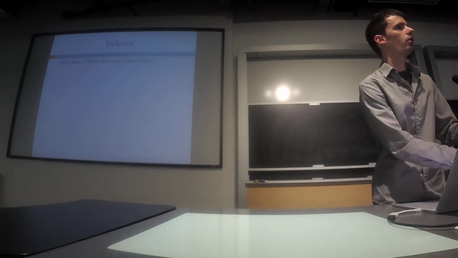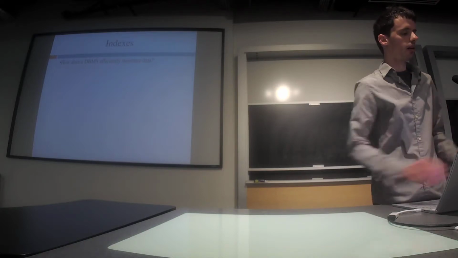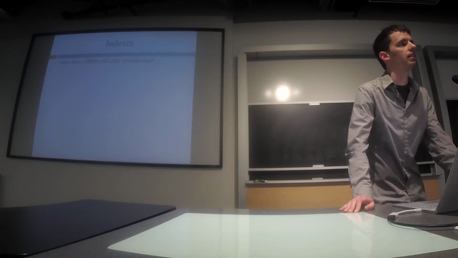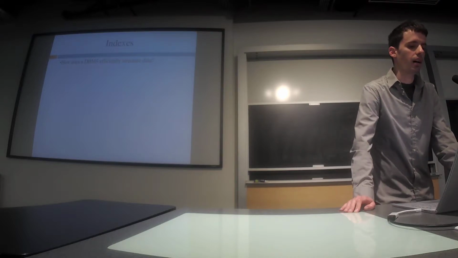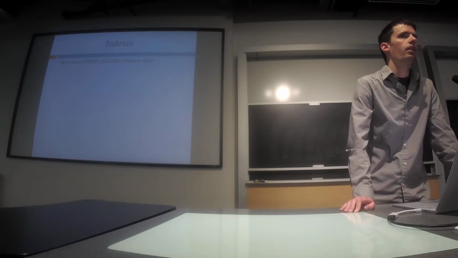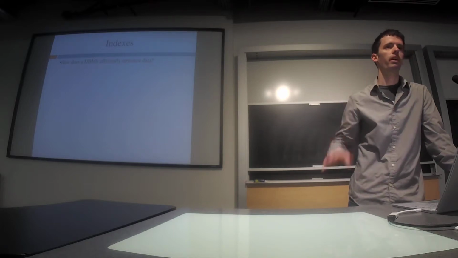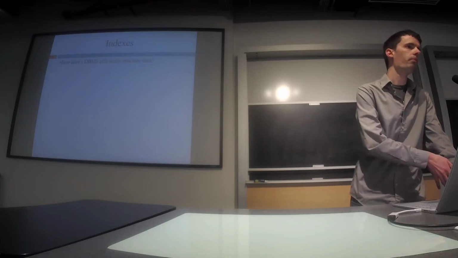So, totally switching gears now. On the very first day of class, first and second day of class, when talking about the relational model, I talked about things like, let's say you want to select a bunch of information out of some table based on a person's name.